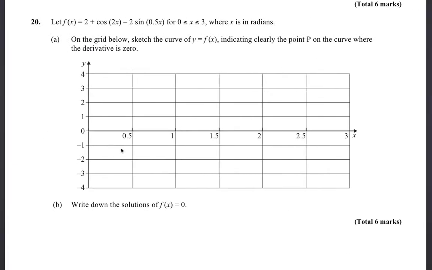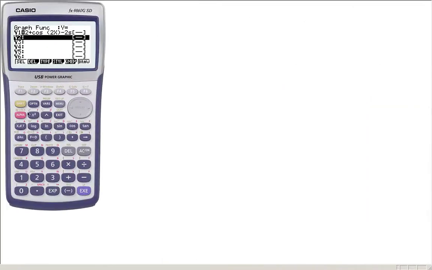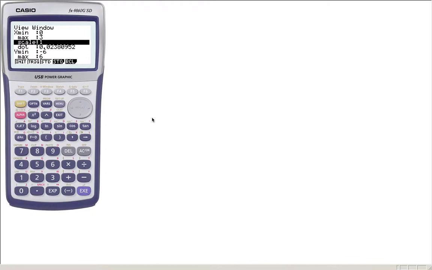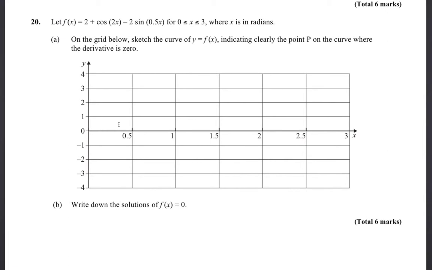The scale is x-axis 0 to 3, and y-axis minus 4 to plus 4. Okay, this is the graph, so you sketch it.